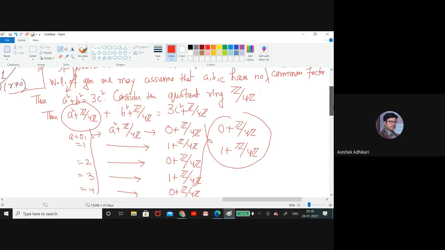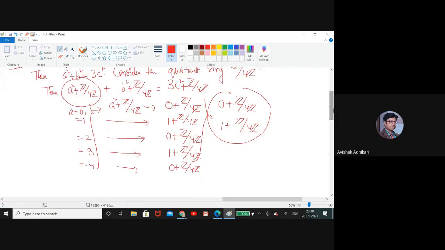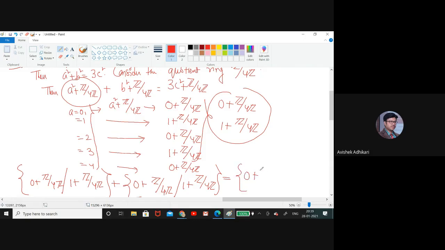So from equation 1, though A varies over all Z, it ultimately gives you two values: either 0 plus 4Z or 1 plus 4Z for A square, plus 0 plus 4Z or 1 plus 4Z for B square, equal to either 0 plus 4Z or 3 plus 4Z.